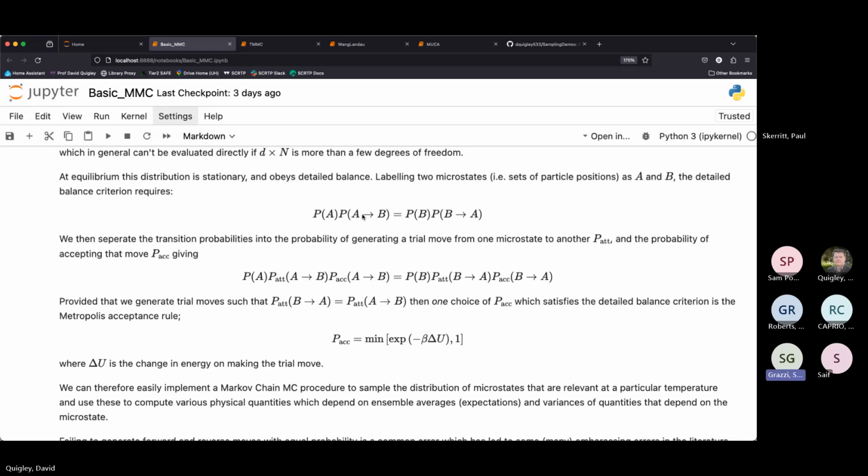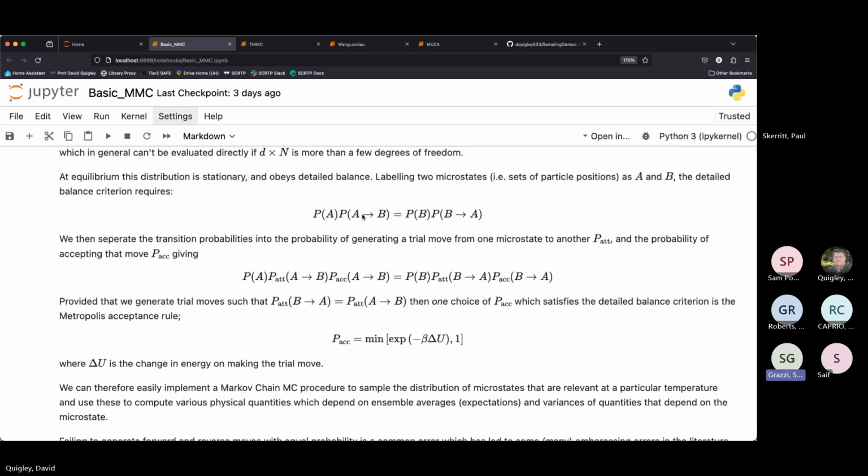I don't have to have detailed balance, I just need to have global balance, but detailed balance is much easier to enforce. And I know that if I have detailed balance, then I've got global balance. So we enforce this detailed balance condition: the probability of being in microstate A times the probability of transitioning from state A to state B is the probability of being in state B times the probability of transitioning B to A.